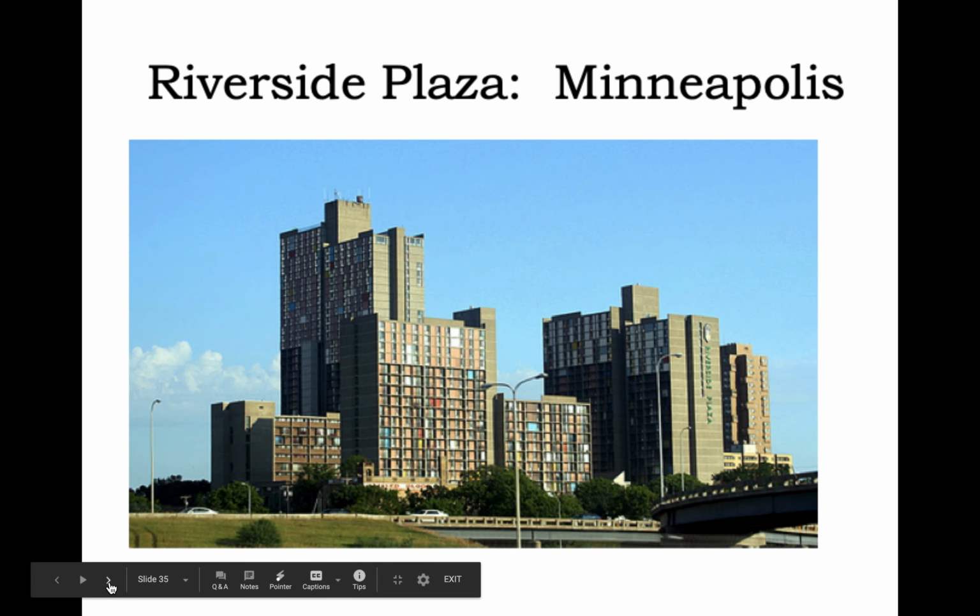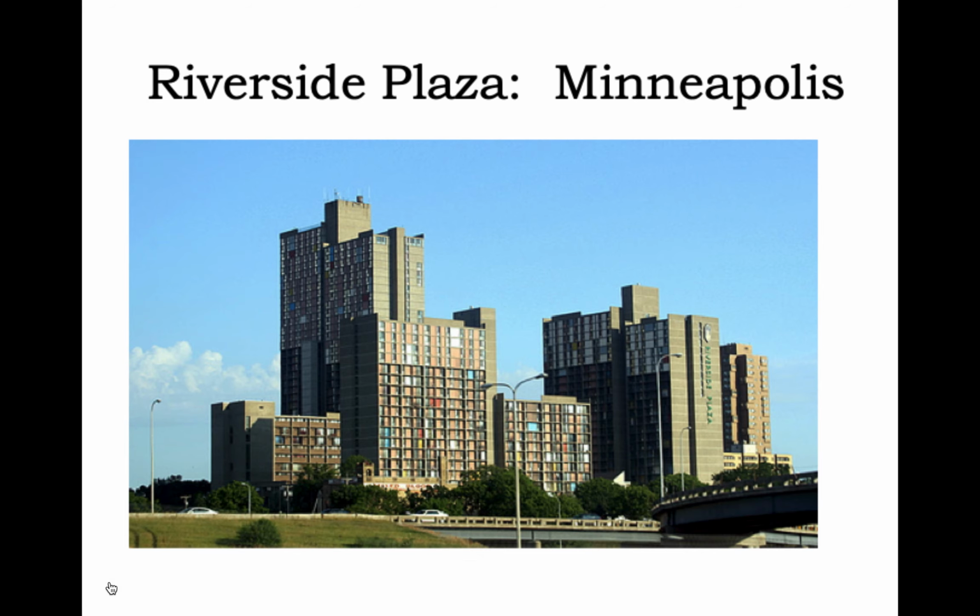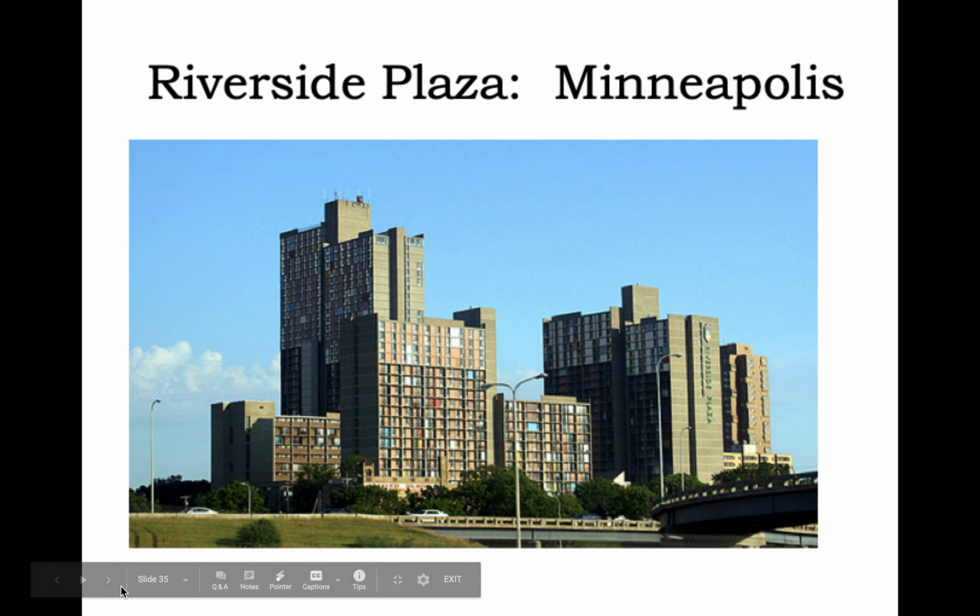Riverside Plaza, as I mentioned, this is in the Seward neighborhood, and this is near an area of Somali enclaves, where again we look at the enclaves of Black Americans and Hispanic Americans predominantly found in urban areas.